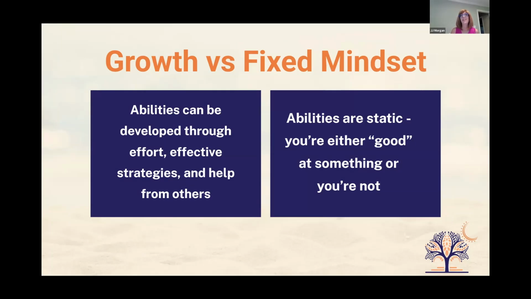It's just that I don't want to take the time and effort required to be really good at math, right? A fixed mindset believes that you're static, that you're either good at something or you're not good at something, that you have a brain that absorbs language or you don't have a brain that absorbs language.